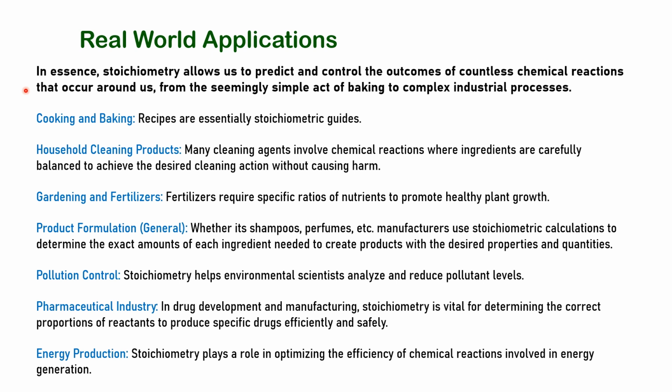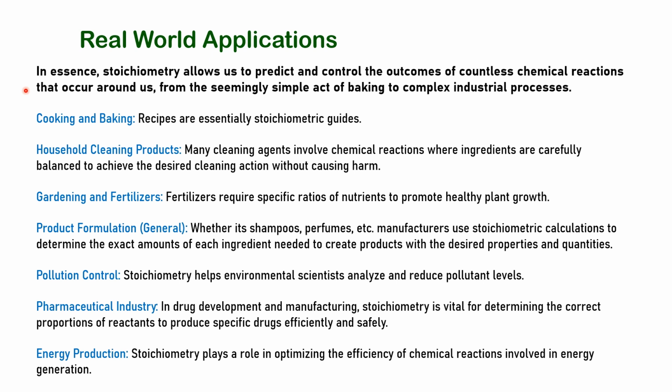So our first example of real-world applications is cooking and baking. Recipes are essentially stoichiometric guides. They specify the precise amounts of ingredients, reactants, needed to produce a specific amount of the final dish, the product. For example, a cake recipe provides ratios of flour, sugar, eggs, and other components.